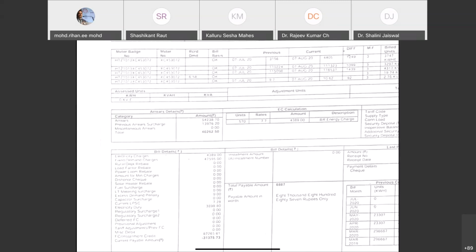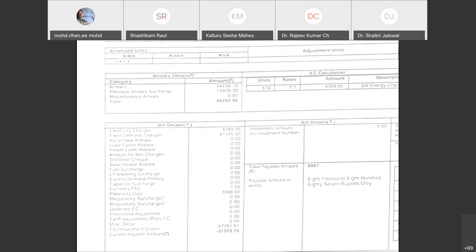I would advise you all, after this talk, you can have a look at the electricity bill of your office or your house, and see what the monthly units consumption is, and based on that you try to design a solar power capacity for your house, which you believe will be the optimum capacity, keeping in mind the maximum limit is your connected load, sanctioned load.